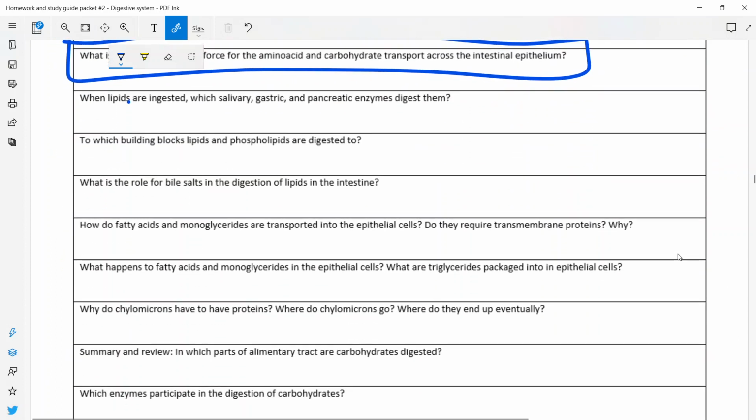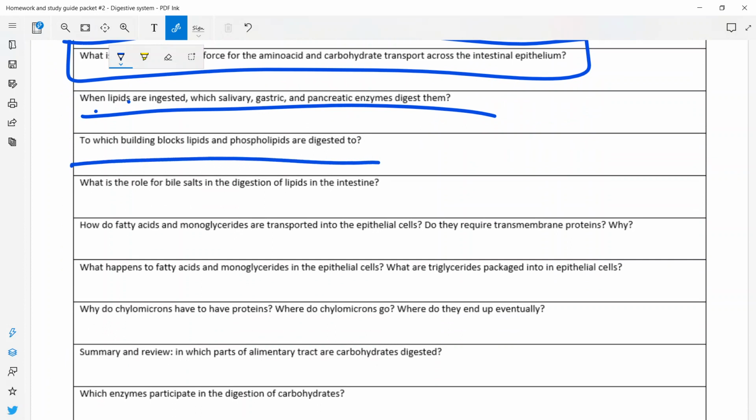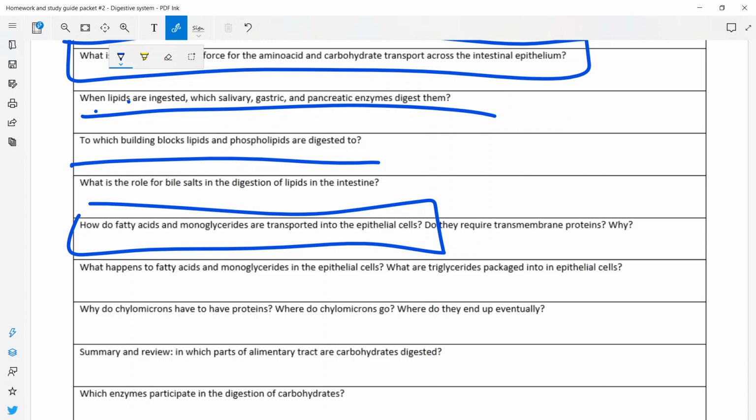Lipids, again, know which enzymes digest them. So they're broken down into diglycerides, monoglycerides and fatty acids. Fatty acids and monoglycerides are transported into epithelial cells by micelles. They do not require transmembrane proteins because they are fat soluble.